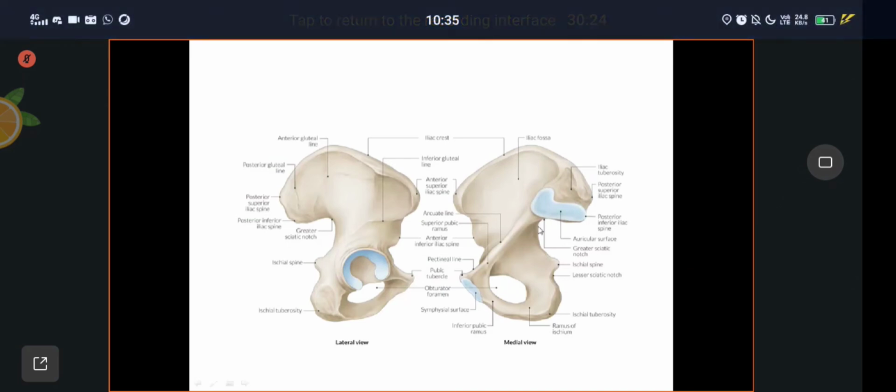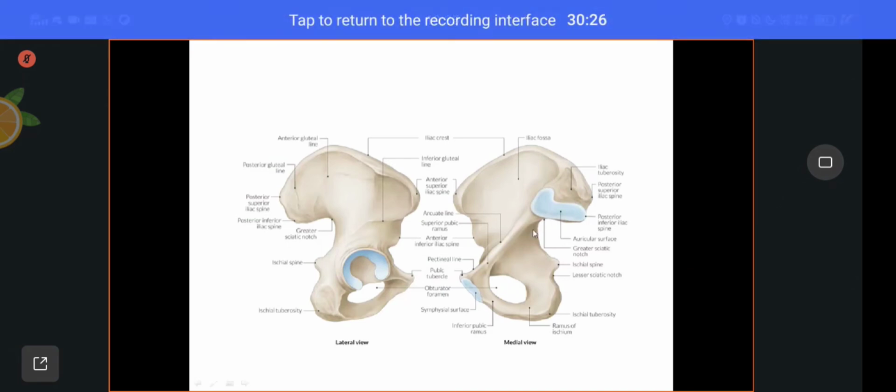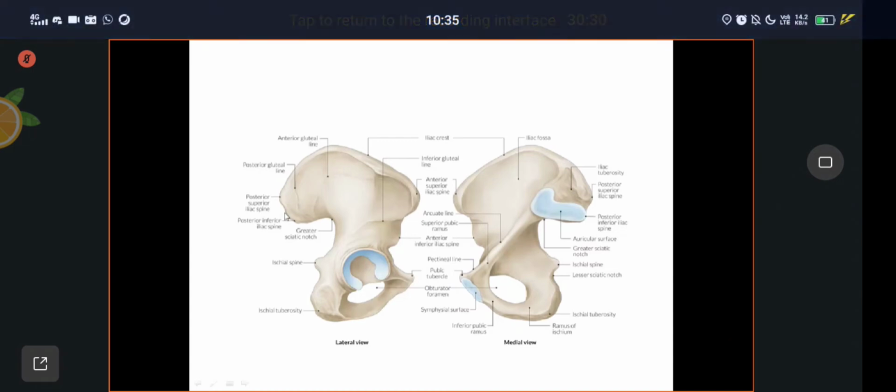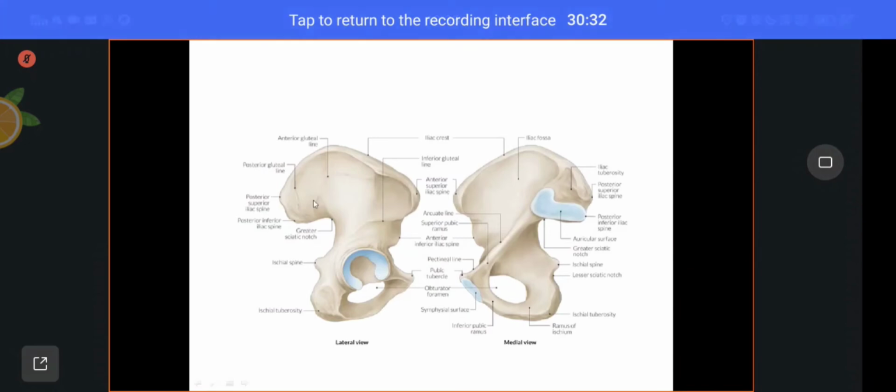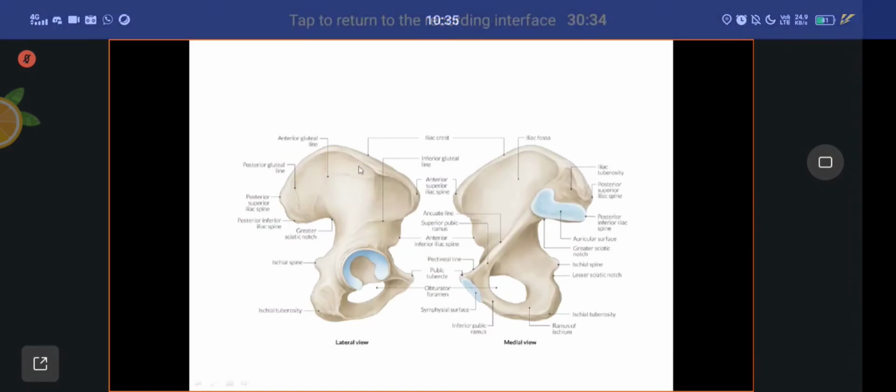So this is the sacropelvic surface of the ilium. And the last surface is the gluteal surface.